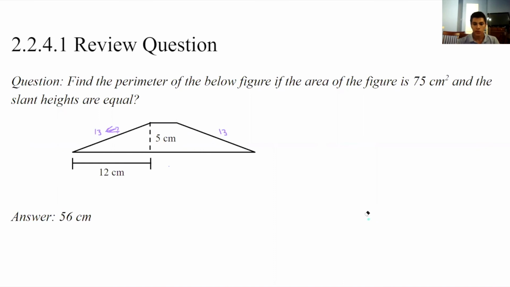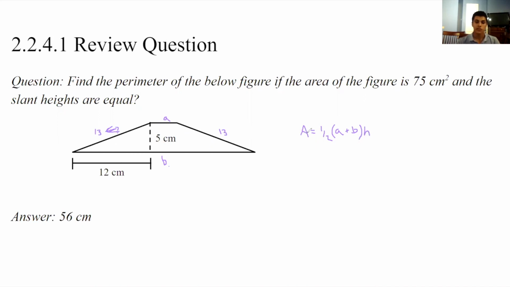So if we write out our formula to find the area of a trapezoid, which is A, big A representing area, equals 1/2 times A plus B, which are two sides that we don't have but we need to find. And I'll label them on the diagram for convenience. So this is A and this is B. So times A plus B, and then times H, which is our height. So A equals 1/2 times A plus B times H.